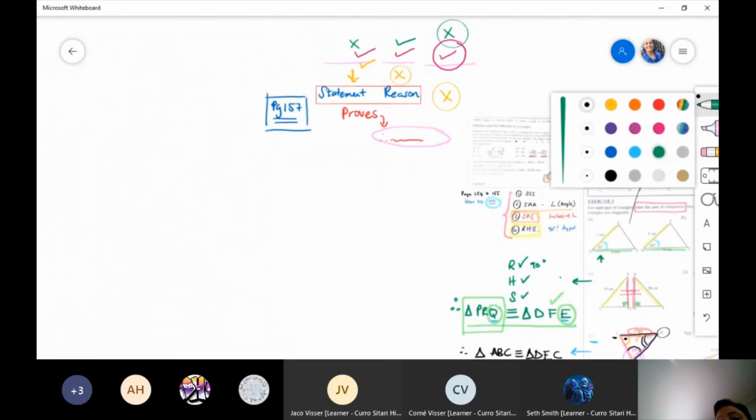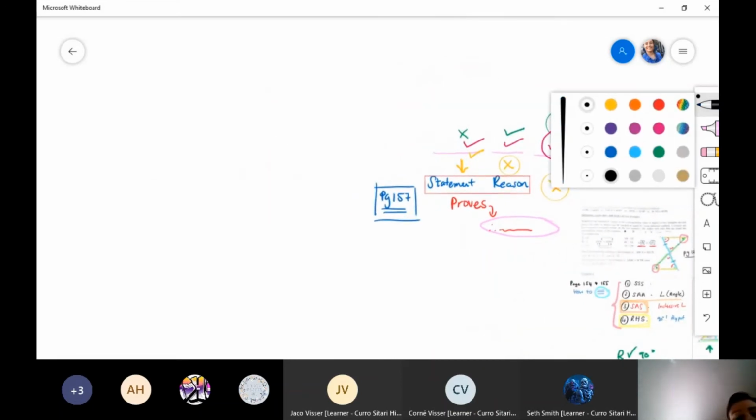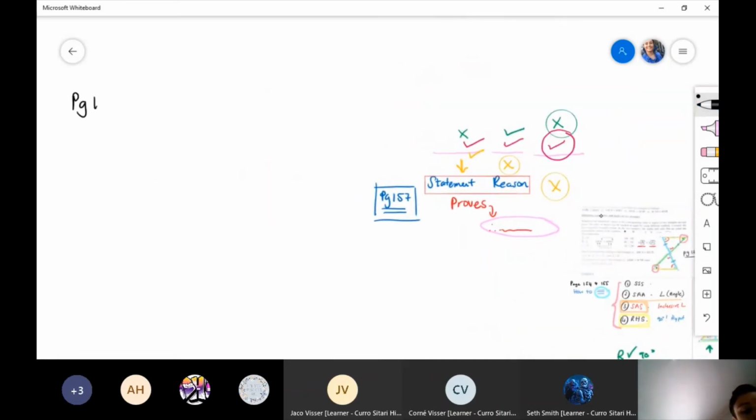So when we prove that triangles are in fact congruent, we always look for what we can see. And I'm going to just redraw what I have on my page 159, just as an example of exercise 4, because the worked examples you guys can all look through.